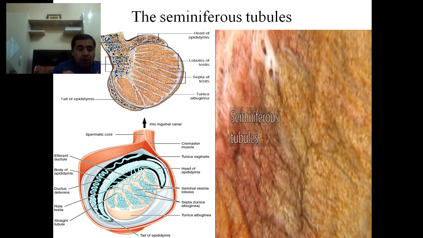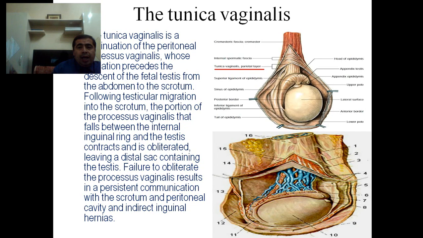But the convolutions give them the chance to be located within the testis, which has a length of 4 centimeters, a breadth of 3 centimeters, and an anterior-posterior diameter, or thickness, of 2 centimeters. And the tunica vaginalis, which I have informed you before, is the derivation of the peritoneum.